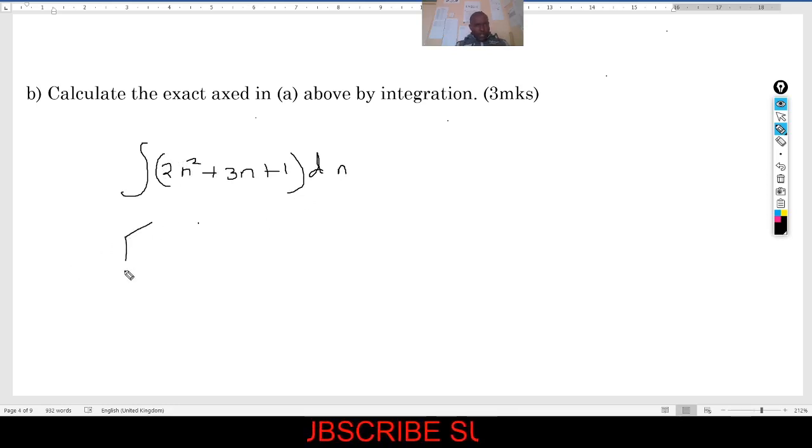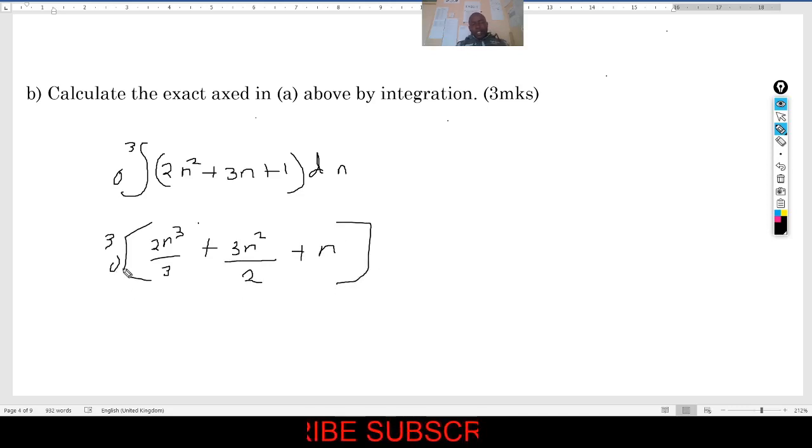When you integrate this, with limits from 0 to 3, you get 2n cubed all over 3, then plus 3n squared all over 2, then plus n. Because the lower limit is 0, we can do with only 3, because when we minus 0, the answer for 3 is still there.